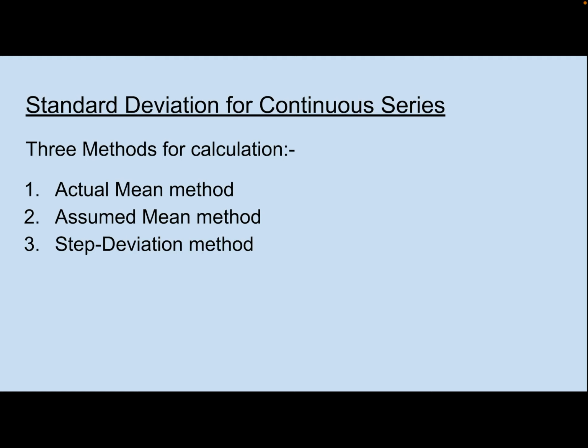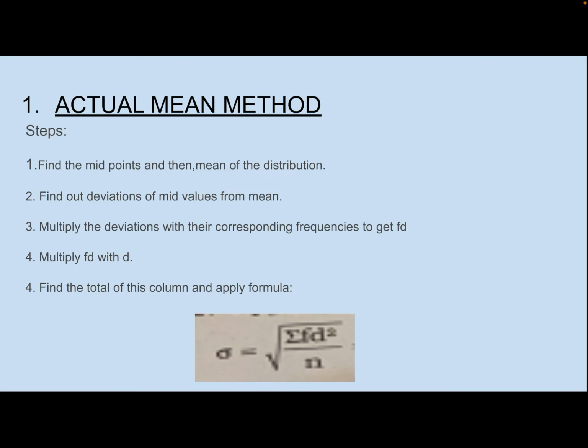For continuous series, students, there are just 3 methods: actual mean, assumed mean and step deviation. Direct method is not possible in case of continuous series, as we are given values of x in the form of class intervals. Alright, starting with the actual mean method. The formula and the steps are similar, students.